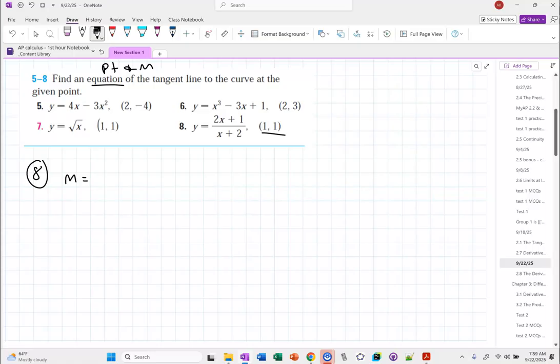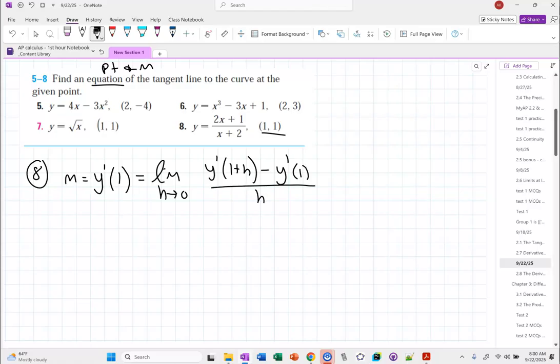So that slope is going to be the derivative of y at x equals 1. So use my definition. You're okay with the notation that I'm using here?